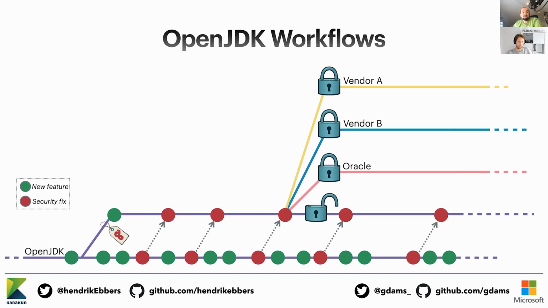But there was a solution, because there are some vendors that contribute to the open source branches or versions directly at the OpenJDK. And the main vendor here is Red Hat, who is the maintainer of the Java 8 and Java 11 LTS branch in the OpenJDK.